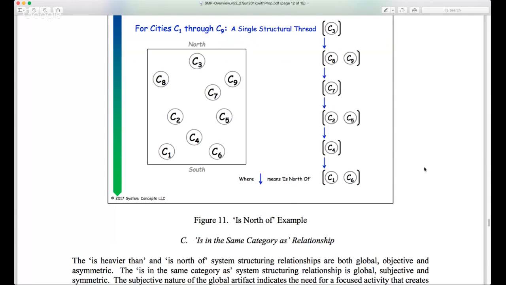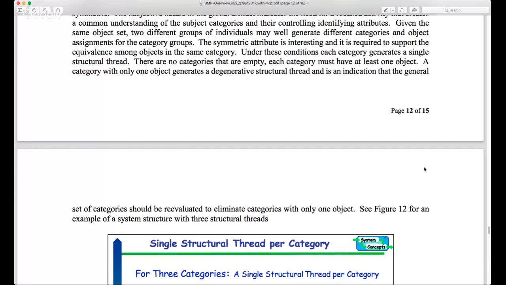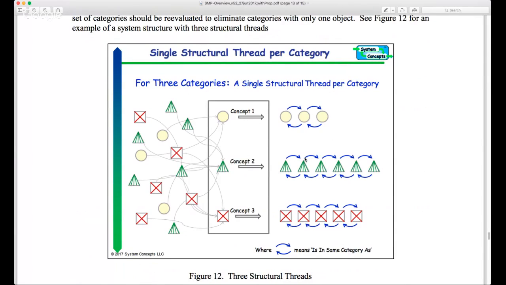And then for the same category as, basically again it's global because we have global concepts or patterns for each one of those categories. But it's symmetric. We have a symmetric type of relationship for the equivalence. And we have a single thread per category.